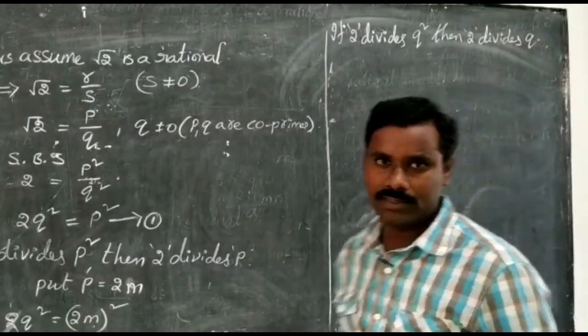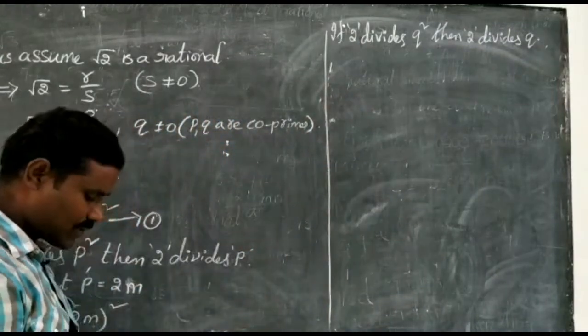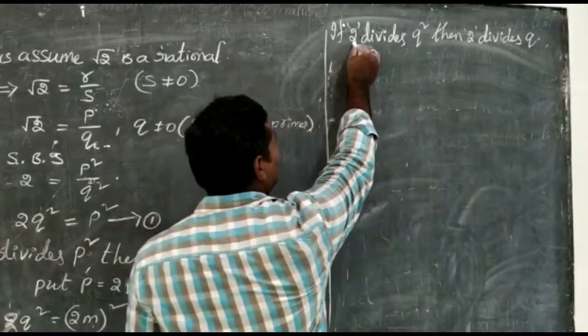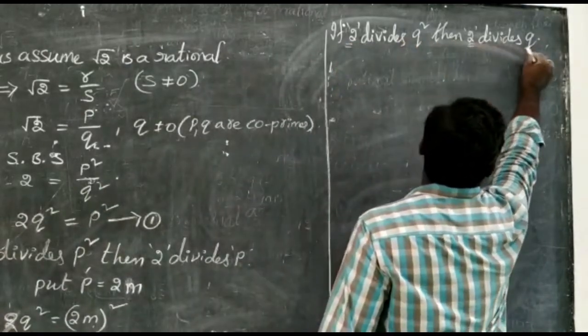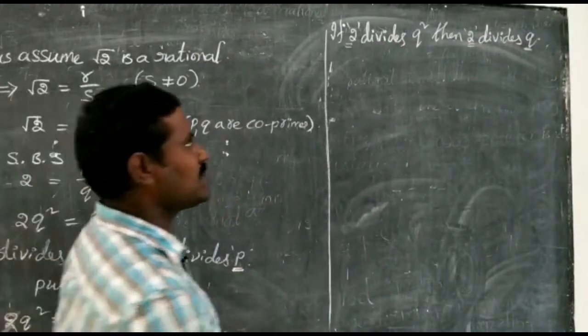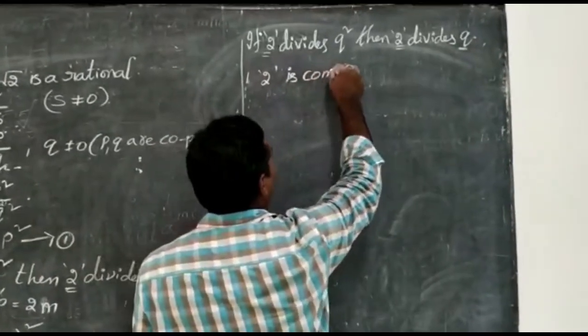From which theorem? Very good. From the 1.6 theorem, if 2 divides q square, then 2 divides q. Now, once observe here, 2 is dividing q as well as 2 is dividing p. That means 2 is a common factor.